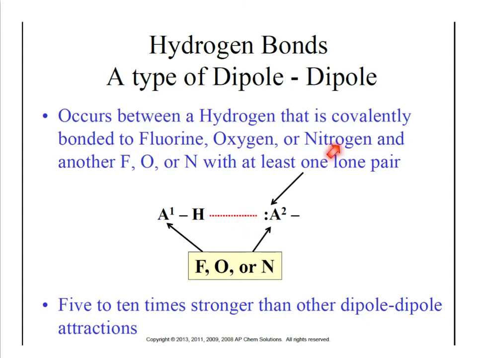Fluorine, oxygen, and nitrogen are the most electronegative elements on the periodic table, which means they have the ability to really pull the electrons away from hydrogen, thus creating a very, very strong partial positive and partial negative. Since we have a very, very strong partial positive on that hydrogen, and a very, very strong partial negative on the F, O, or N, that means we're going to have a very, very strong intermolecular force. It's going to wind up being about 5 to 10 times stronger than any other dipole attraction.